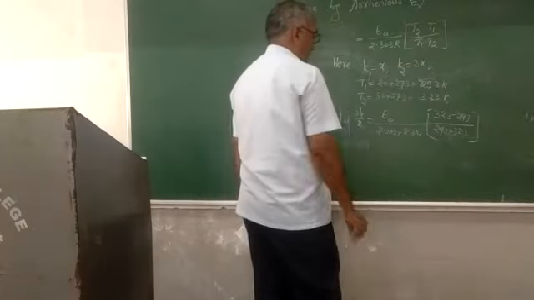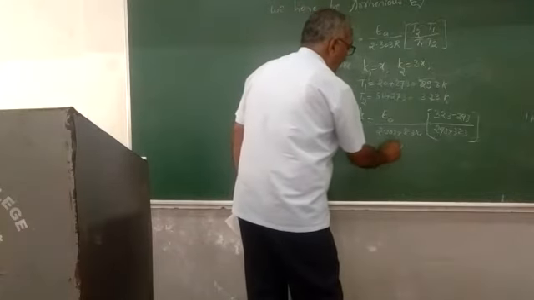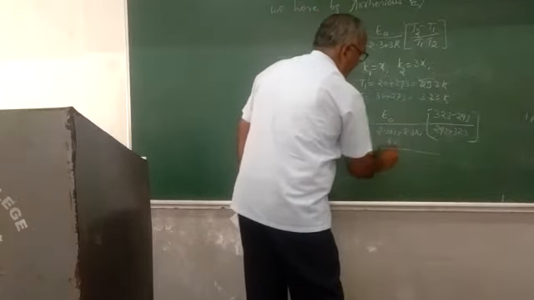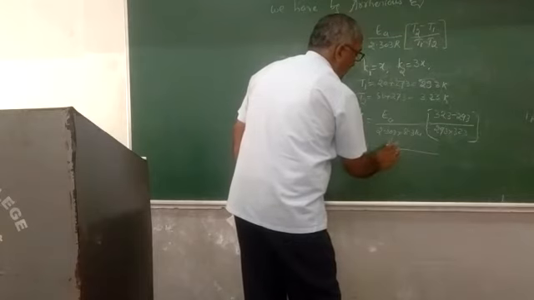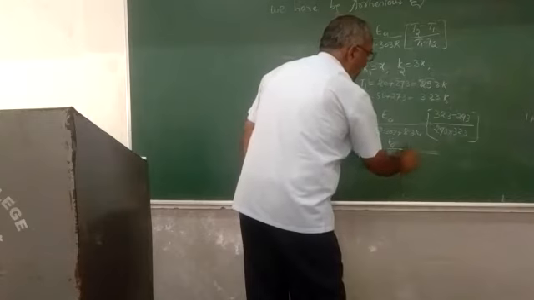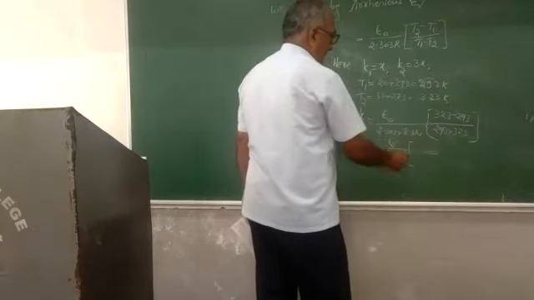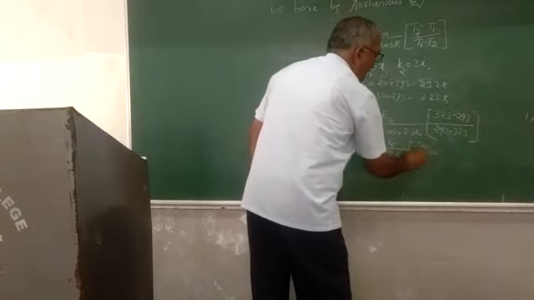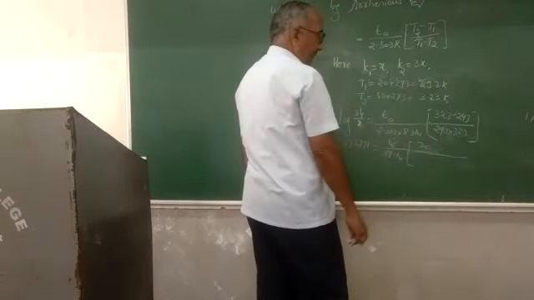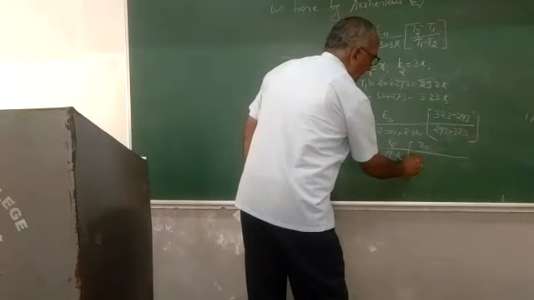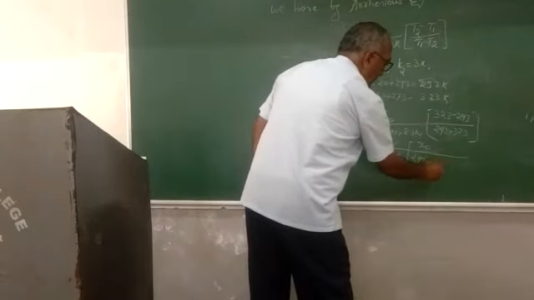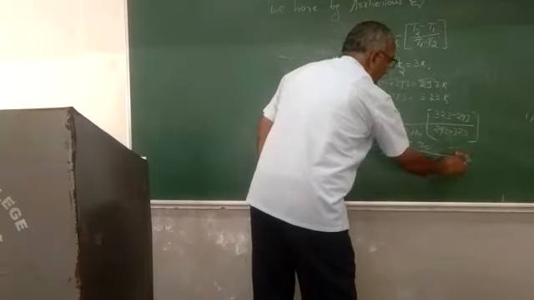Log of 3 is 0.4771. Then Ea divided by, when you simplify you will get 19.14, and this is 30, 293 into 323.